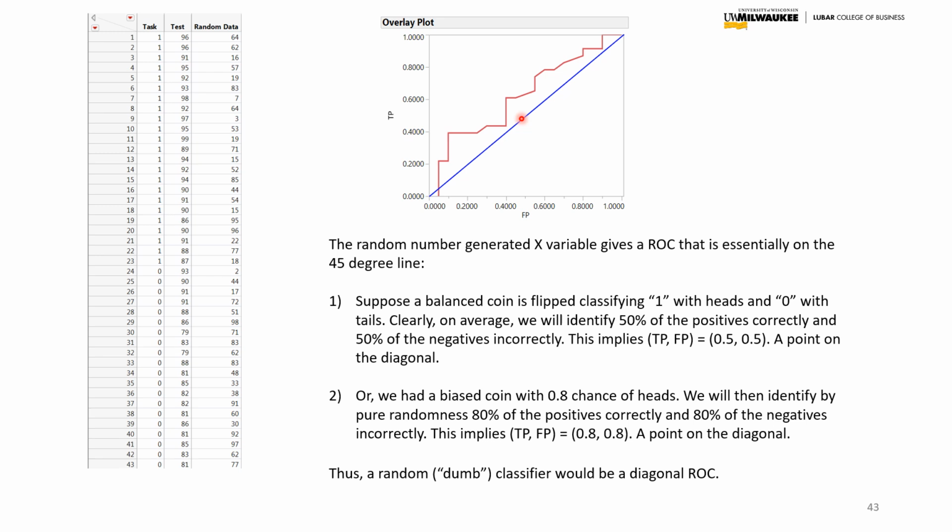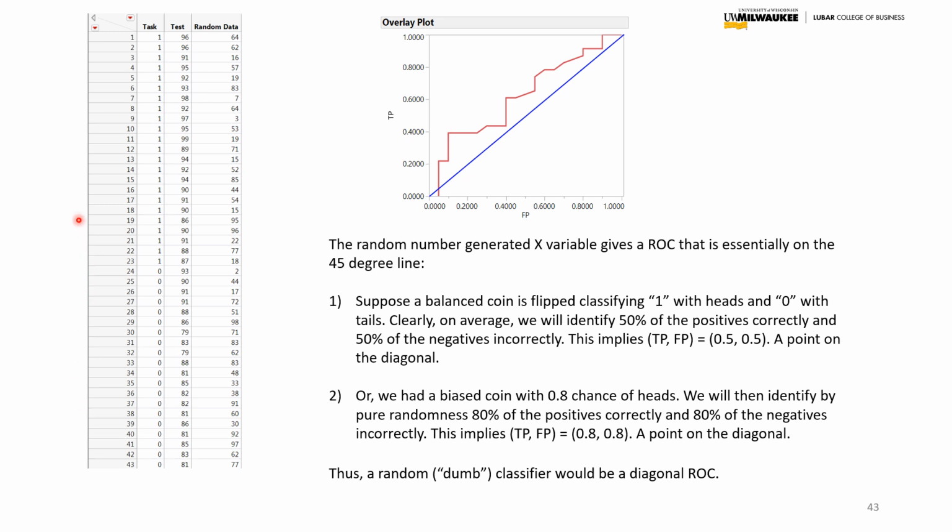What about a biased coin? What if the coin has an 80% chance of coming up heads and 20% chance of coming up tails? You can go through the same logic. The ones in the data set have an 80% chance of being classified as a 1, so the true positive rate will be 80% or 0.8.